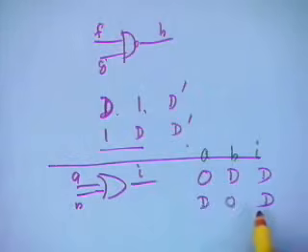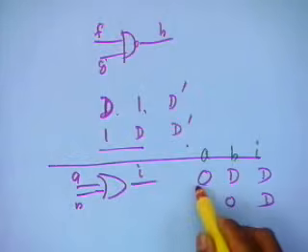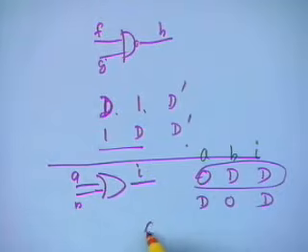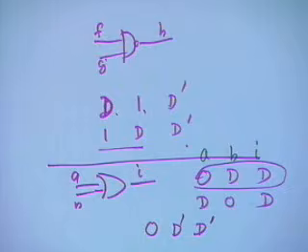Because H is D complement and I cannot cross this with D, I can convert this into 0 D complement D complement. When I take this row, I have no problem in calling all the D's D complement, I should do that consistently.